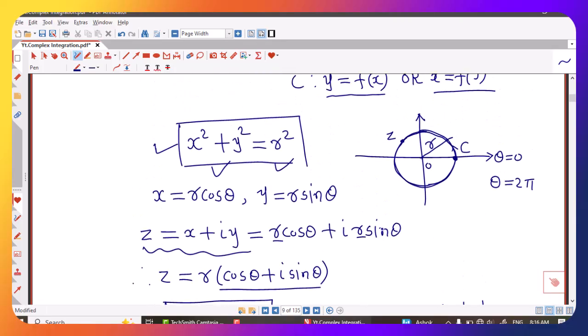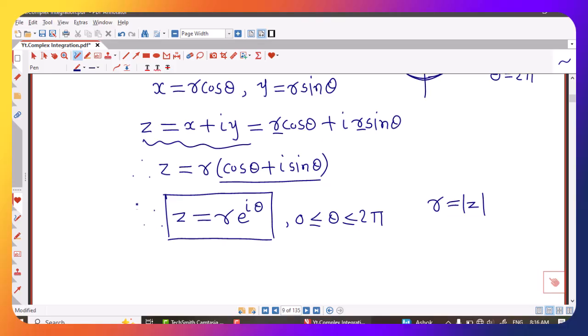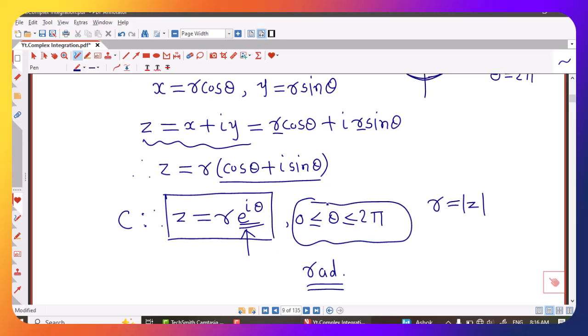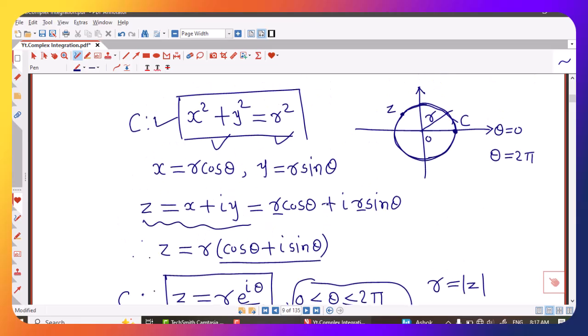So if they ask you to integrate over the whole circle x square plus y square equal to r square, then we can write in parametric form as z equal to r into e raised to i theta, where r is the radius of the circle that will be given, and our function is of only one variable theta. So depending on different values of theta, we will obtain different points on the circle.